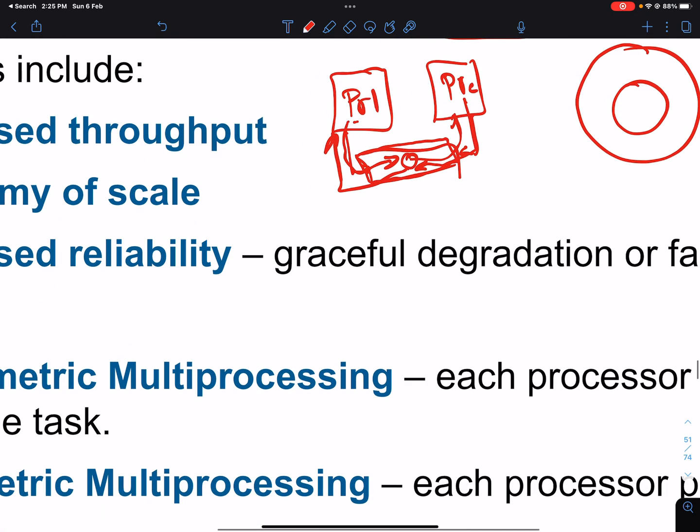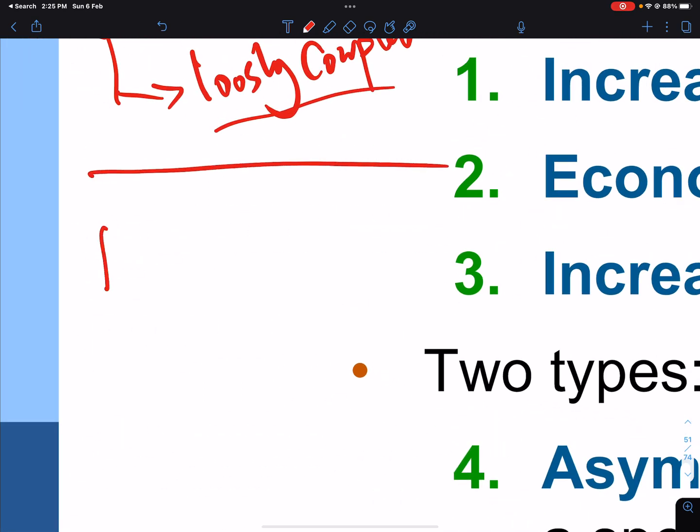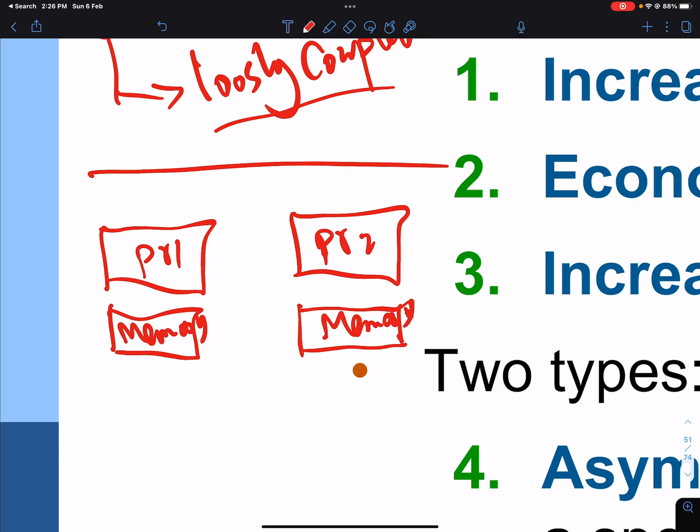What is the opposite of tightly coupled? Loosely coupled. How would it be loosely coupled? Every processor has its own memory. That's what we call loosely coupled. Okay, you should have studied that, I guess, in prototyping. And in the case of the loosely coupled, the communication between processors is now messaging. Why? Because they don't have shared memory.